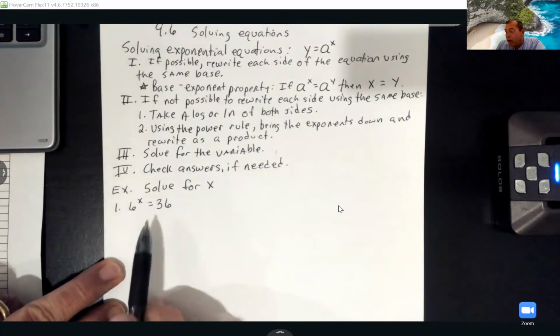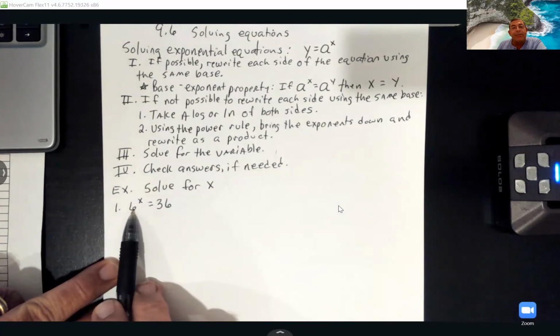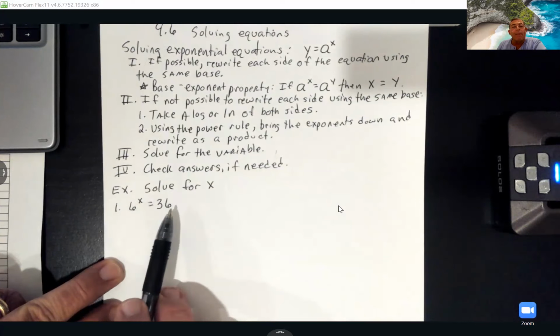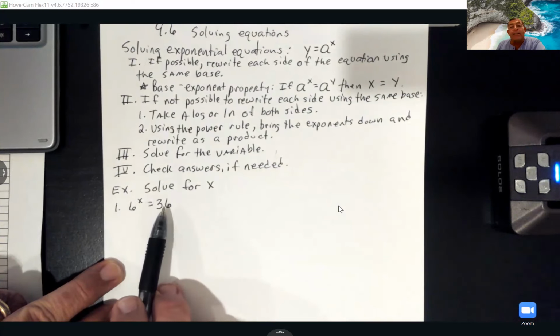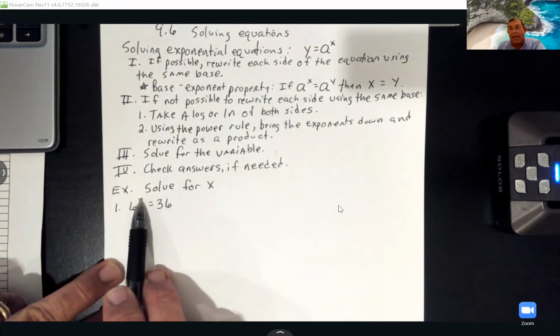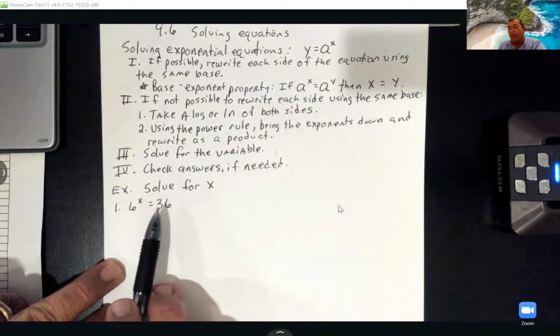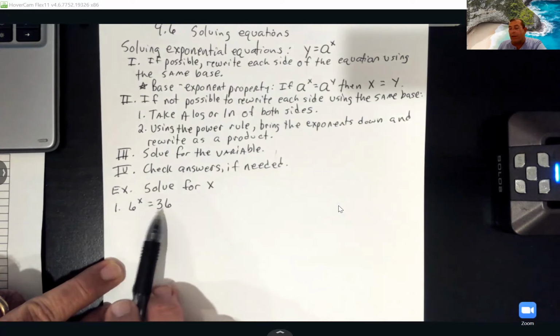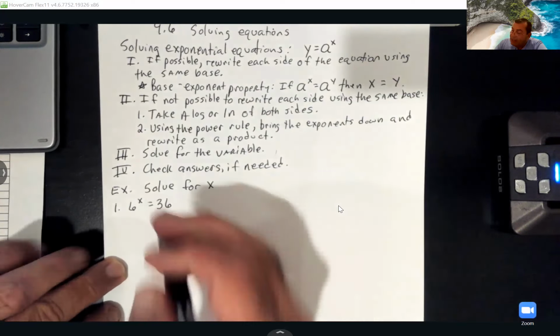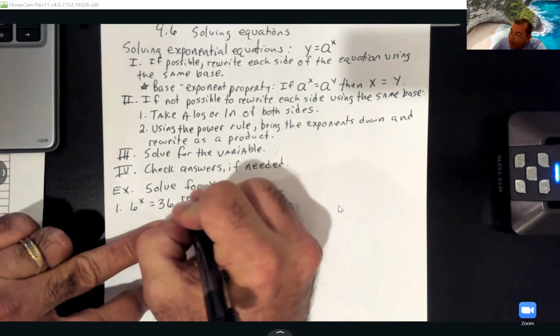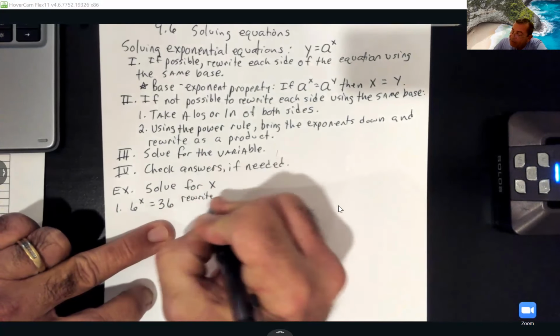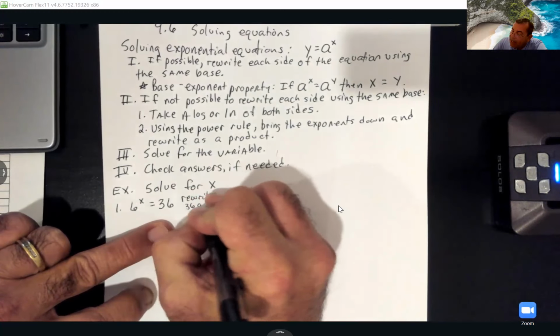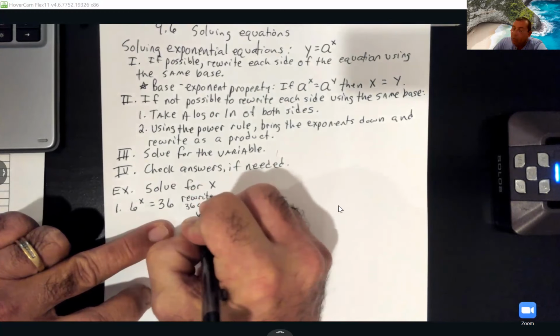So my goal, y'all, since this is 6 raised to an exponent, I need to see, is it possible for me to rewrite 36 as a 6 raised to an exponent? That would be true on this one. I'm going to rewrite 36 as 6 squared.